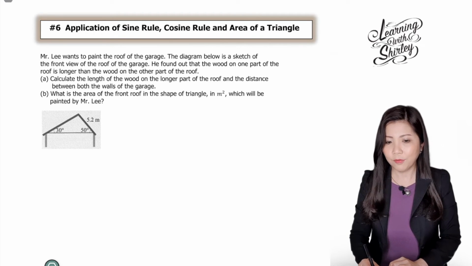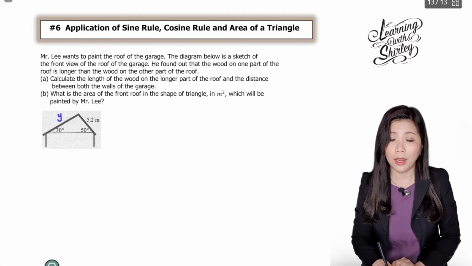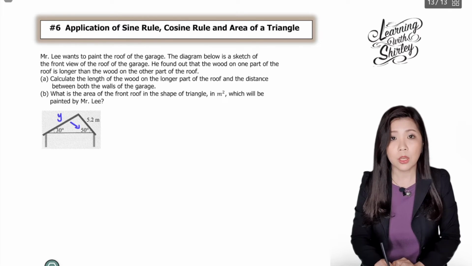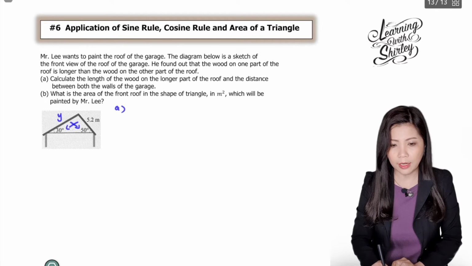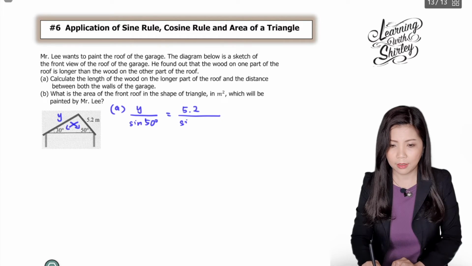So calculate the length of the wood of the longer part of the roof and the distance between both the walls of the garage. So first I'm going to label this as y, and then I can use the sine rule, which is y over sine 50 equals 5.2 over sine 30.